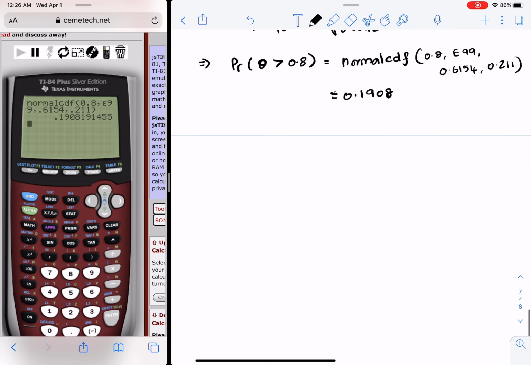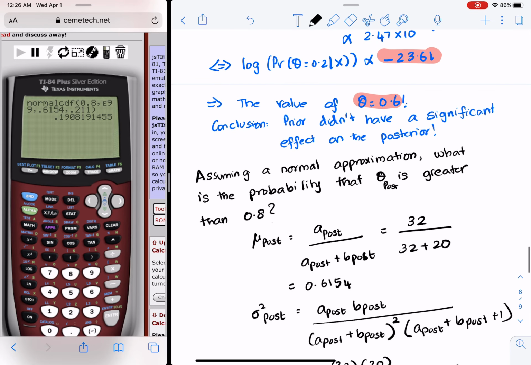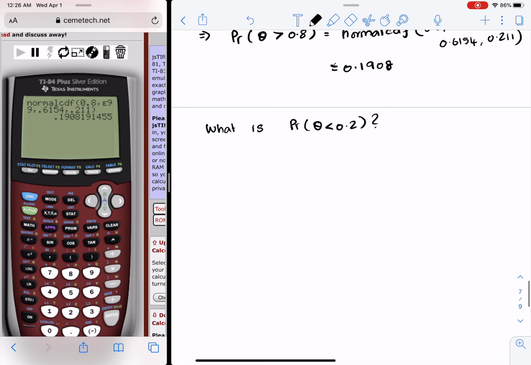In a similar manner, what are the chances theta is less than 0.2? Now, it should have come to your mind already that this is going to be a very small value, because we know that theta is more likely to be 0.6 and not 0.2.